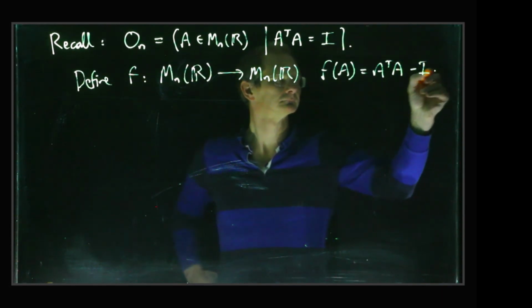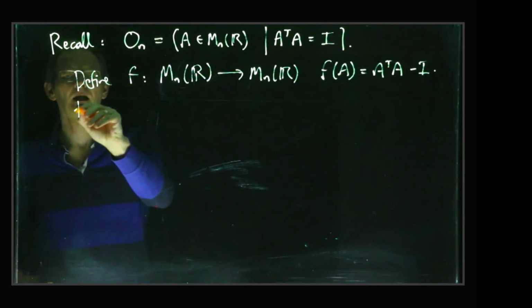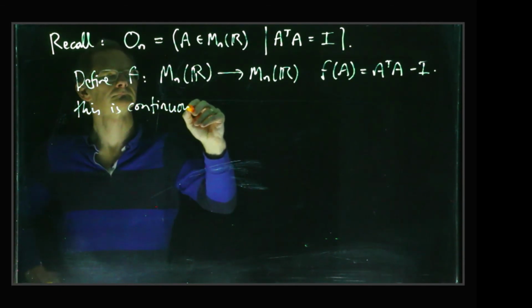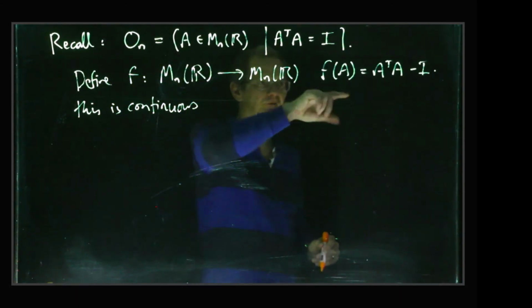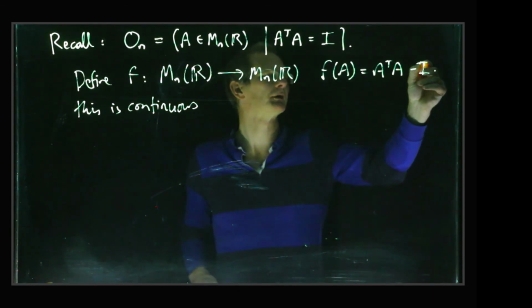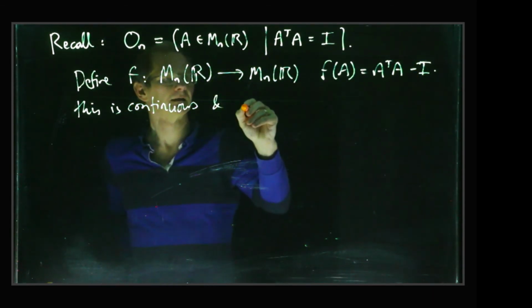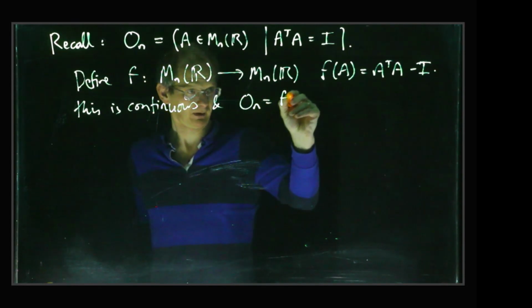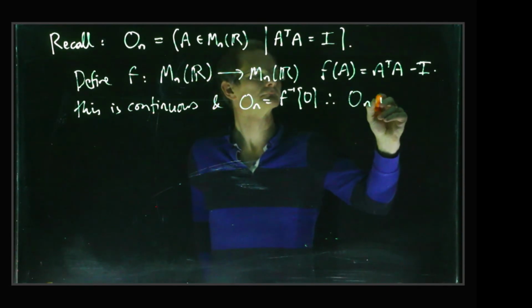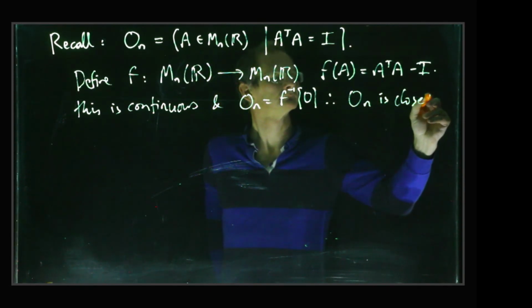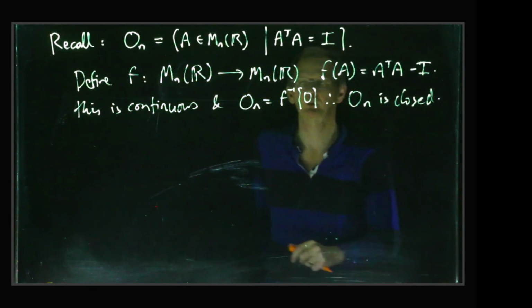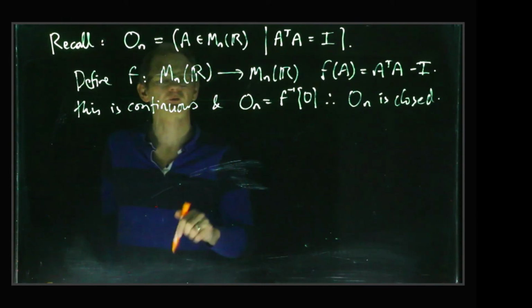And this is continuous. Entries in f of A are just polynomials in the entries of A, so a standard argument shows that that's continuous. And On is f inverse of 0. I mean, the set containing 0, that's a closed set. Preimage of a closed set under a continuous map is closed, so On is closed.